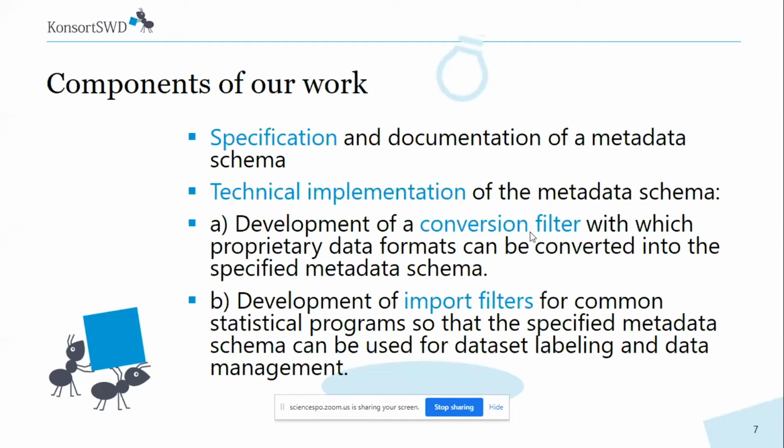The second aspect of our work is to develop technical implementation. That is, to develop a conversion filter with which proprietary data formats can be converted into the specified metadata schema, and to develop import filters for the commonly used statistical programs so that the specified metadata can be used for dataset labeling and dataset management.